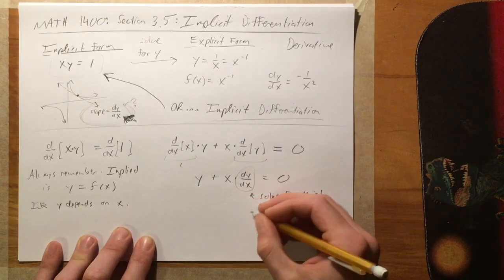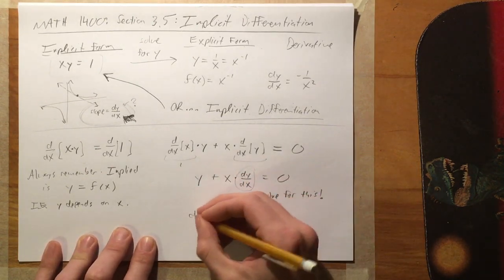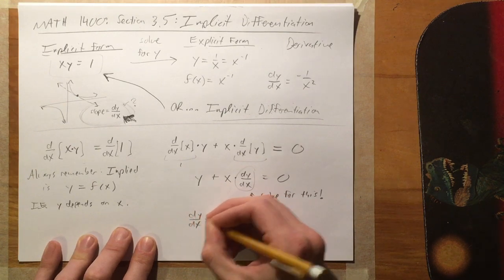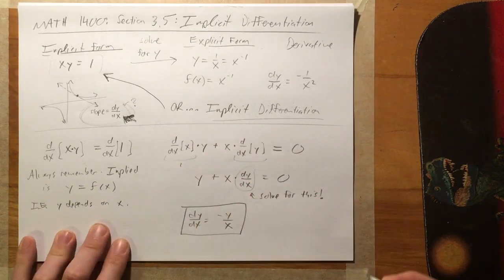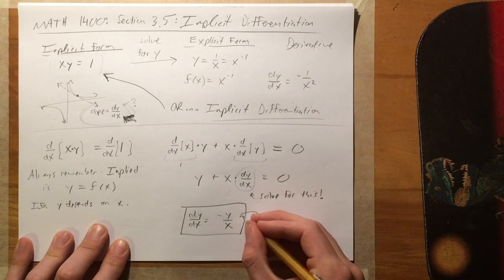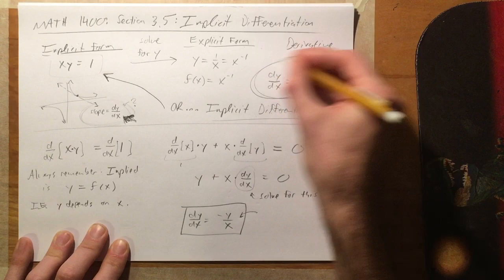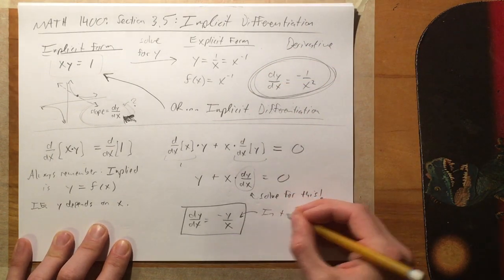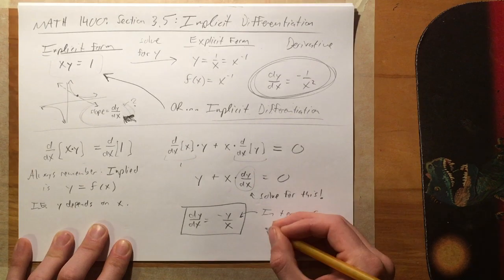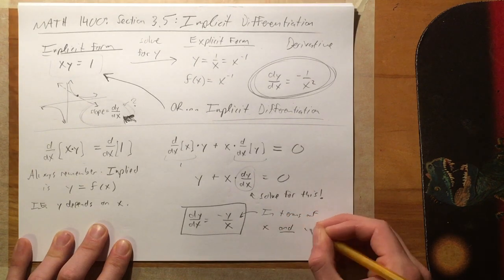So subtract the y from both sides, divide by x, and you get dy over dx is going to be negative y over x. Okay, that's fine, but that doesn't look at all like what we got by doing it the explicit way, right? Currently this is in terms of both x and y.